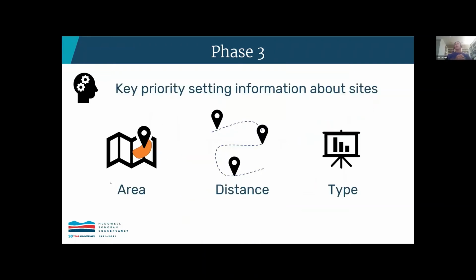The third phase involved taking those 67 sites and developing some information that land managers, city of Scottsdale in this case, could use to set priorities for approaching restoration. Things like how big is the degraded area? How far is that area from the nearest access point, such as a trailhead or a trail or a service road?